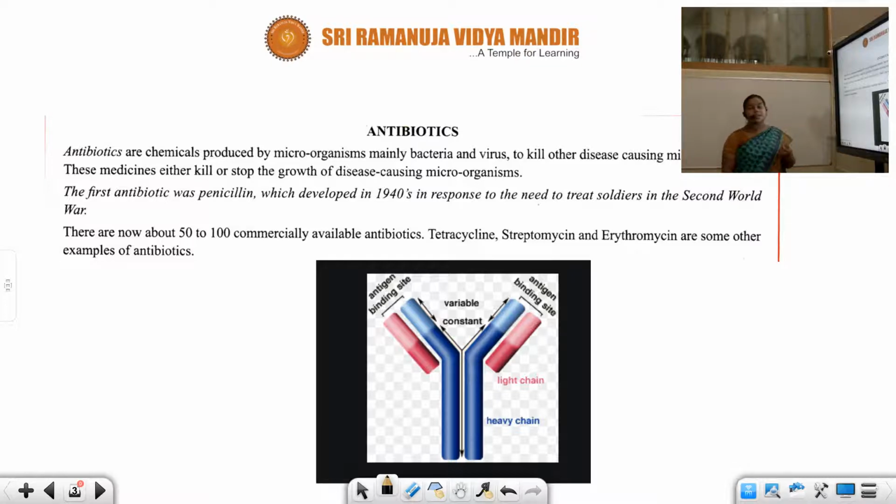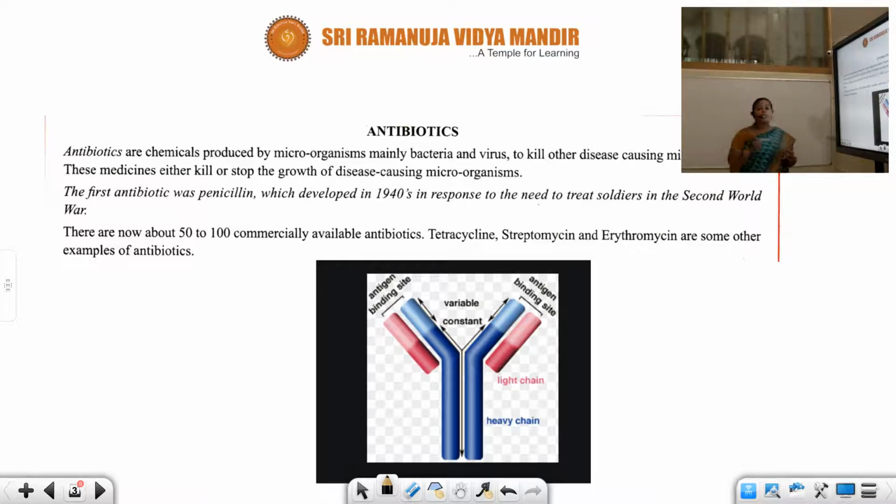Nowadays doctors are using antibiotics to control infections such as bacterial infections. Moreover, one important point I want to convey is that these antibiotics are prepared from microorganisms themselves. It is very important, make a note of it.